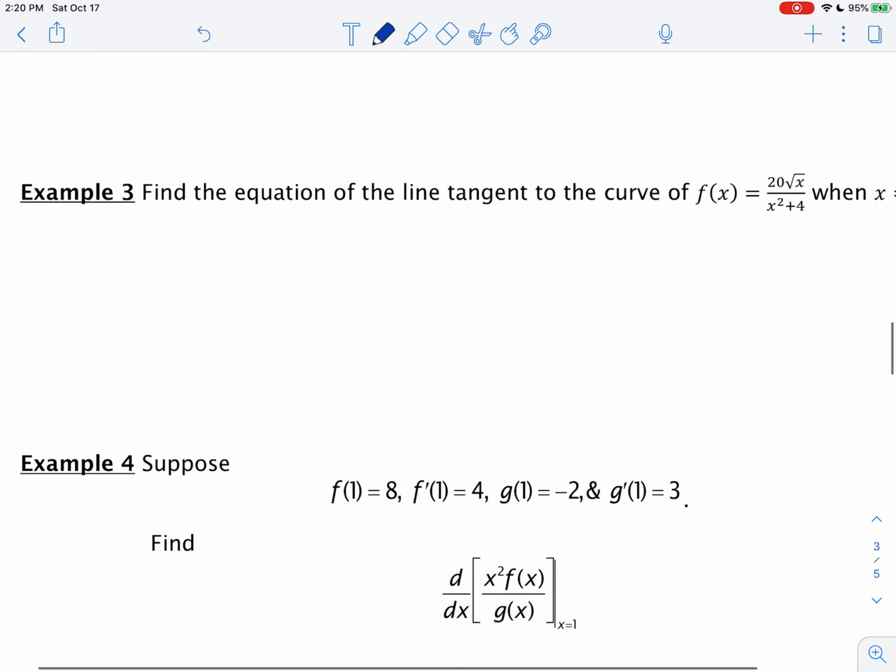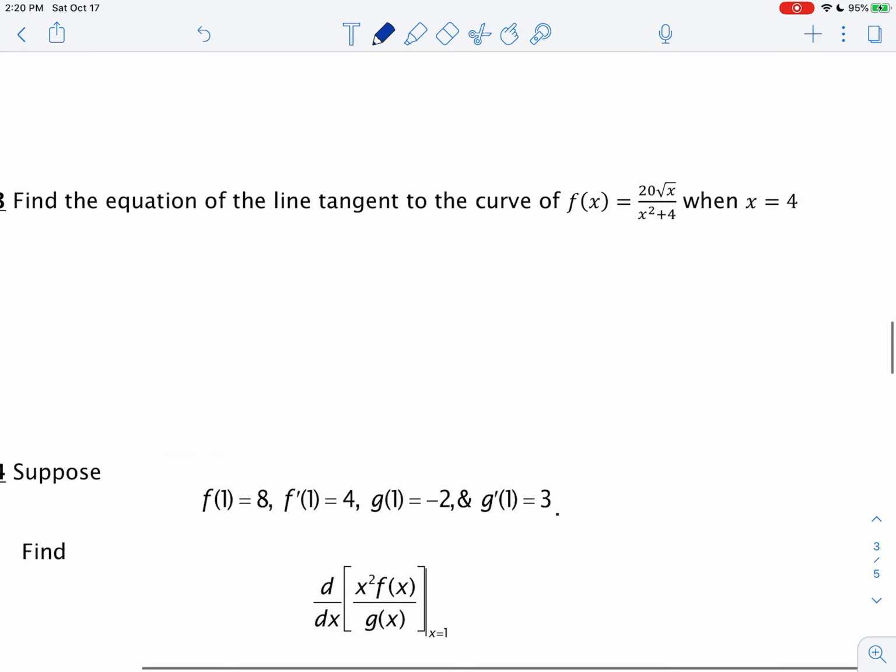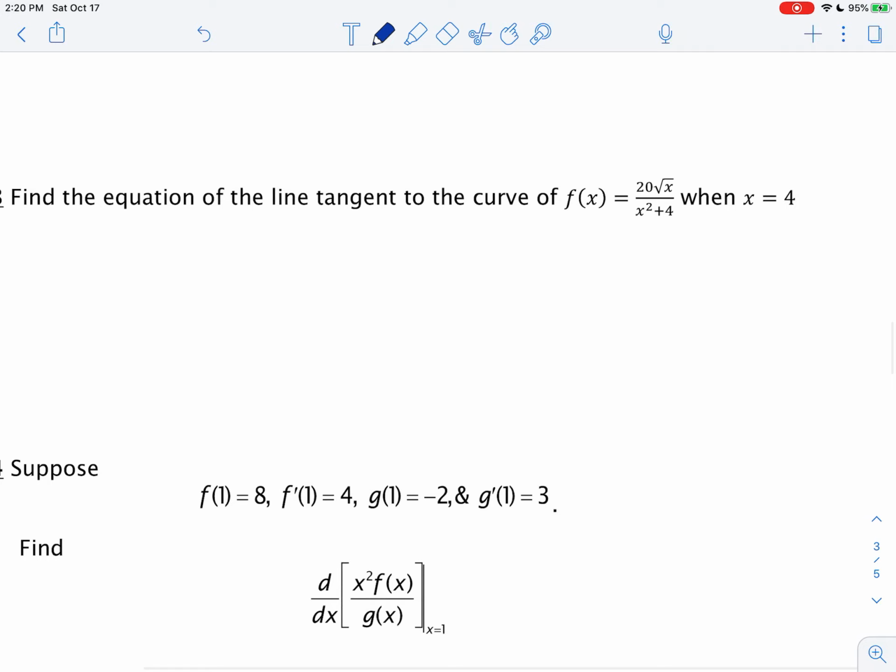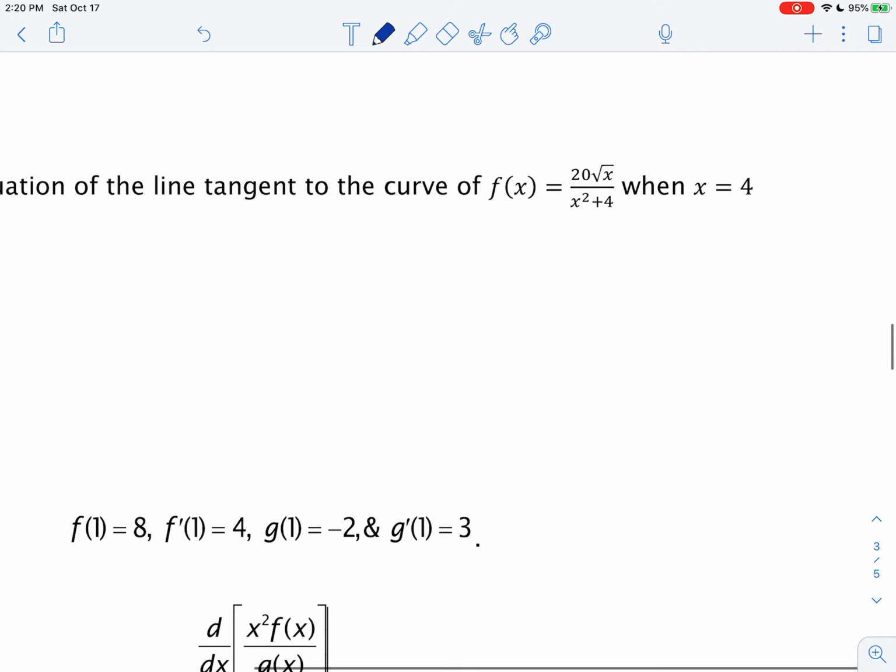Okay, so our first step is, we can find our point. When x is equal to 4, then f of 4 is going to equal 20 times the square root of 4 over 4 squared plus 4, and that's going to be 20 times 2, which is 40, over 16 plus 4, which is 20, and we're going to get 40 divided by 20 is 2.